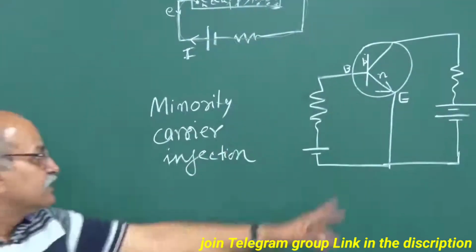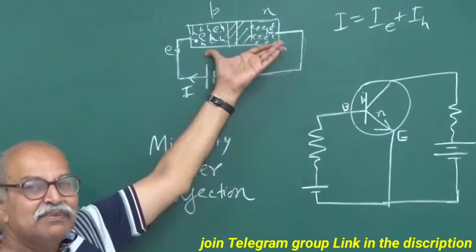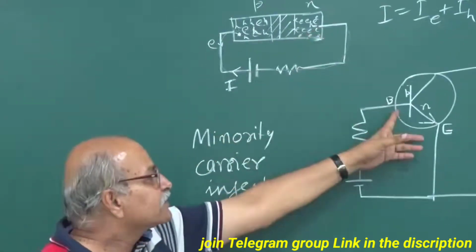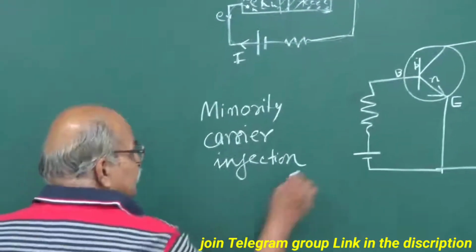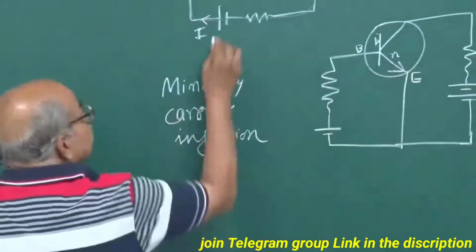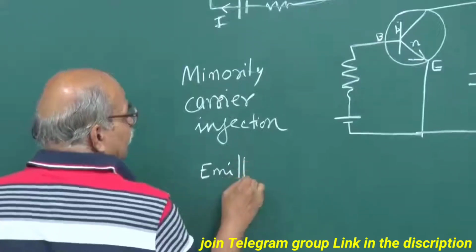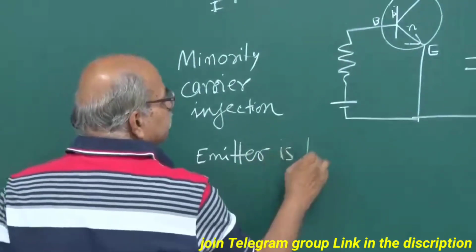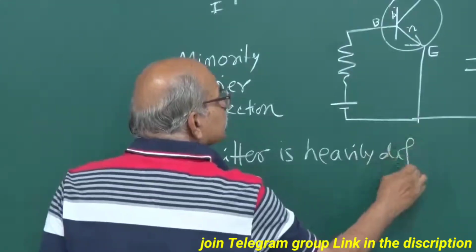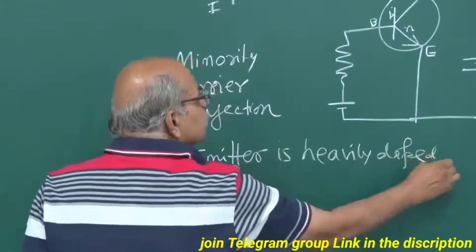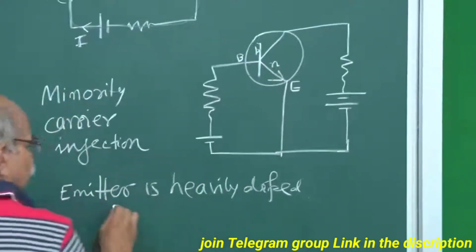Here, what happens at this junction? There is a general thing that generally happens in a PN junction diode. Here the extra things are, one, this emitter, this N-type emitter, is heavily doped. This is one. And this P here, this base, is lightly doped.